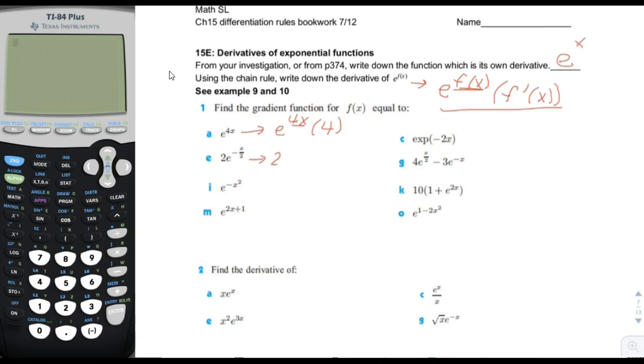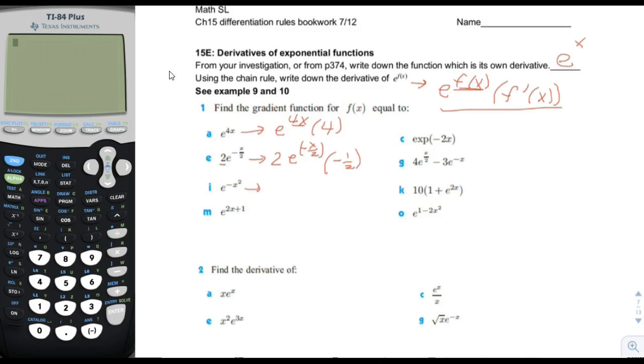Here we leave the 2 out front because a coefficient or a constant multiplied times a function just stays there. And then the derivative of the exponential function is just itself, right? But you do need to take the derivative of the inside function, so it would be negative 1/2. Right?